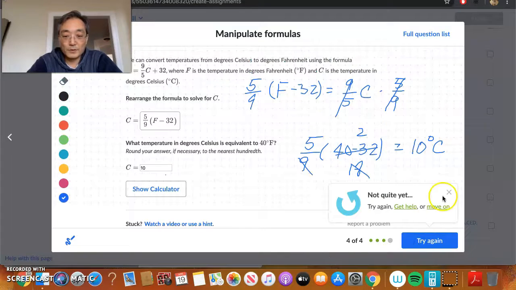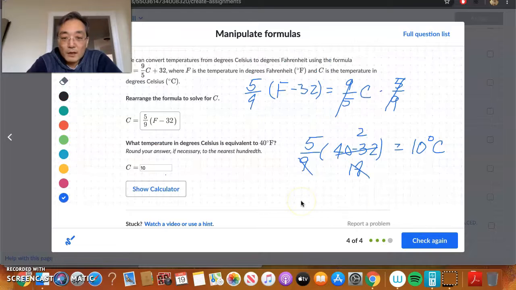And, oops, I think we made a mistake here, right? 5/9 F minus 32, and that's 40 minus, oh, that's 8. Sorry about that. Made a boo-boo. My bad. That should be 8, right? It should be just 8. Like that.